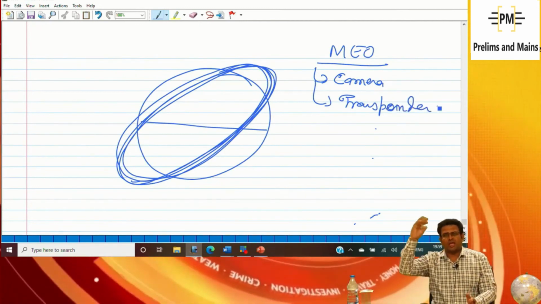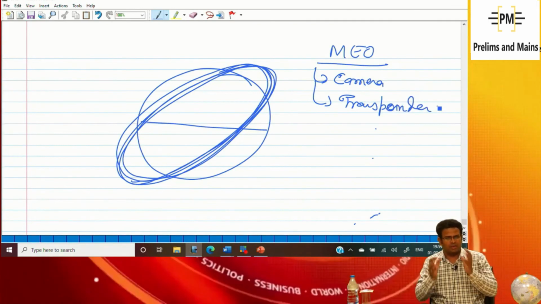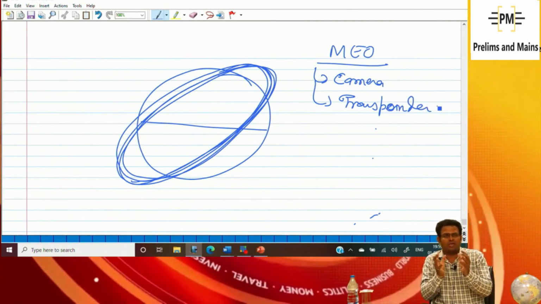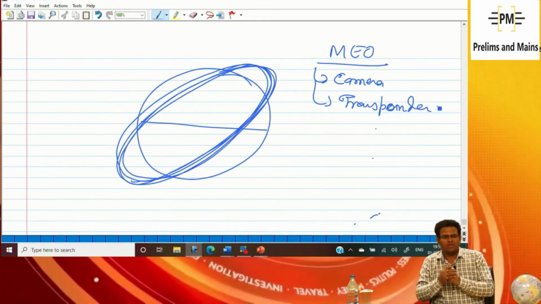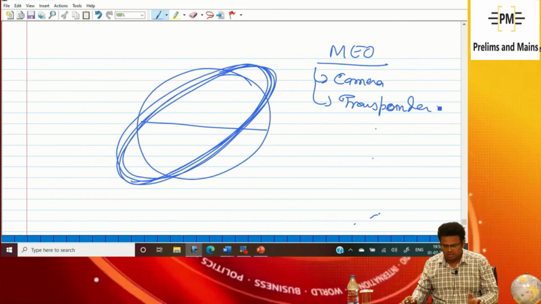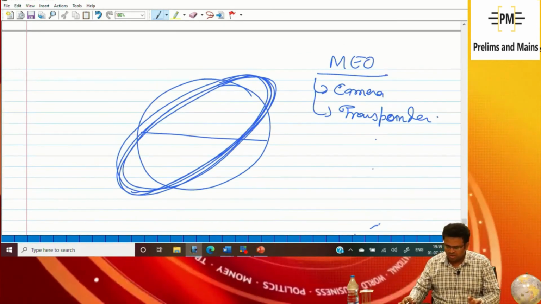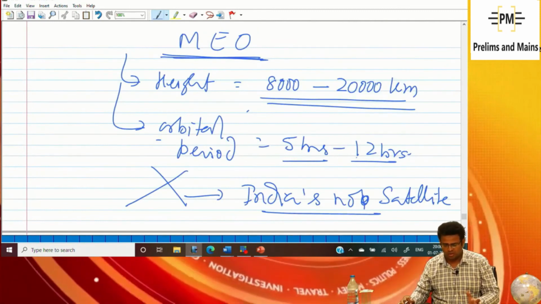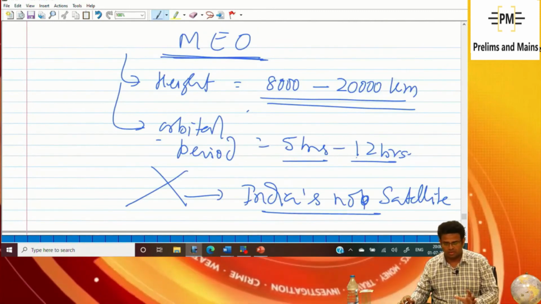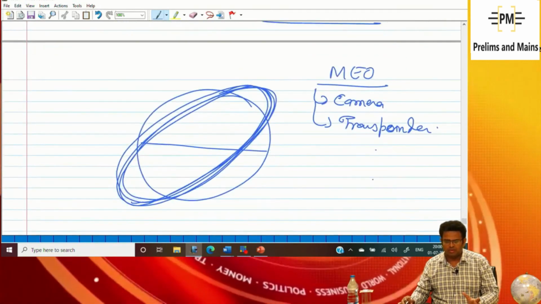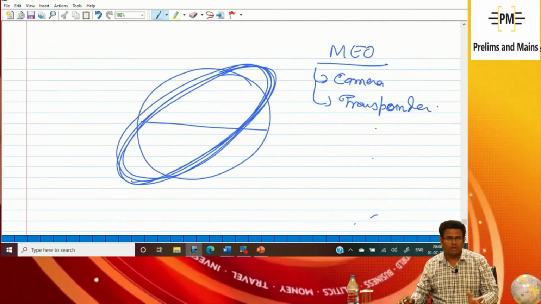Because it is not at Geo and not like LEO, but at a medium height, it can utilize a camera of good quality, not the best quality, and also a transponder. So these are the characteristics of medium earth orbit: height is 8,000 to 20,000 kilometers, orbital period 5 hours to 12 hours, and camera and transponder can both be utilized equally.